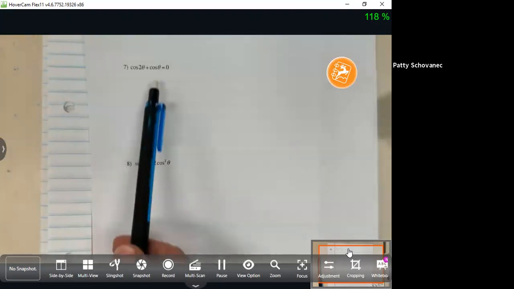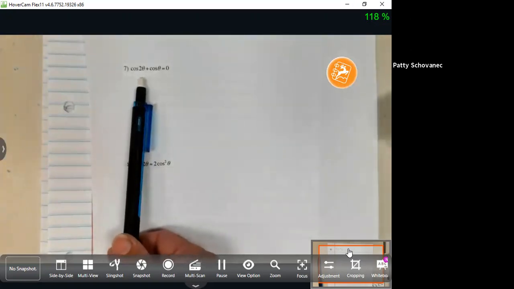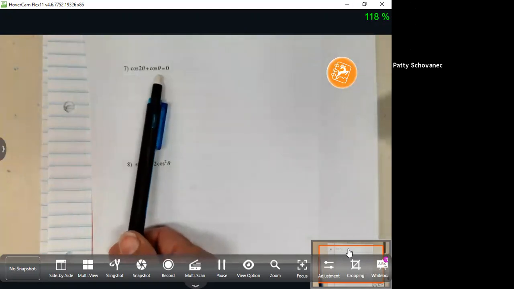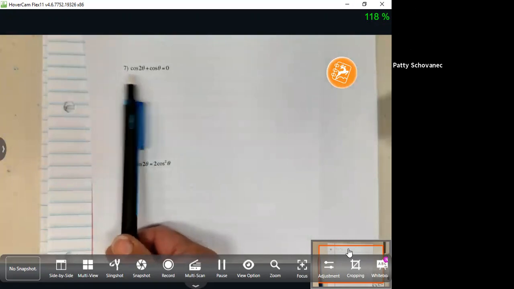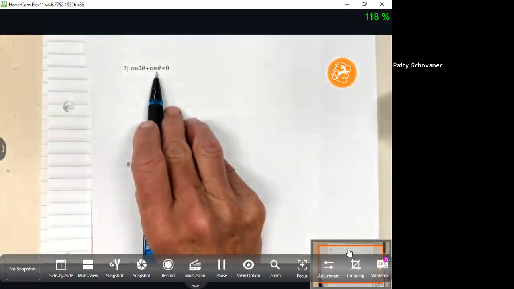This one's going to work very much like one of the earlier ones where I had a double angle in the equation and a single angle in the equation. I'm going to try to replace the double angle with one of my double angle formulas. The cosine of twice an angle has 3 versions of it. I'm going to pick the version of it that involves only this trig function.